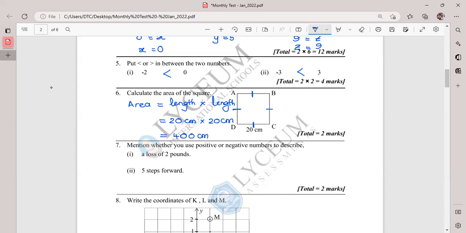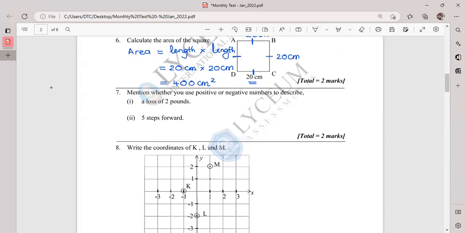And the unit should be centimeter square. Why is that? You multiply 2 centimeter values, so centimeter times centimeter becomes centimeter square, right? If this is 20 centimeter, definitely this side also should be 20 centimeter. The other side also should be 20 centimeter. All the 4 sides should be equal in length, right? So this is how you find the area of a square.